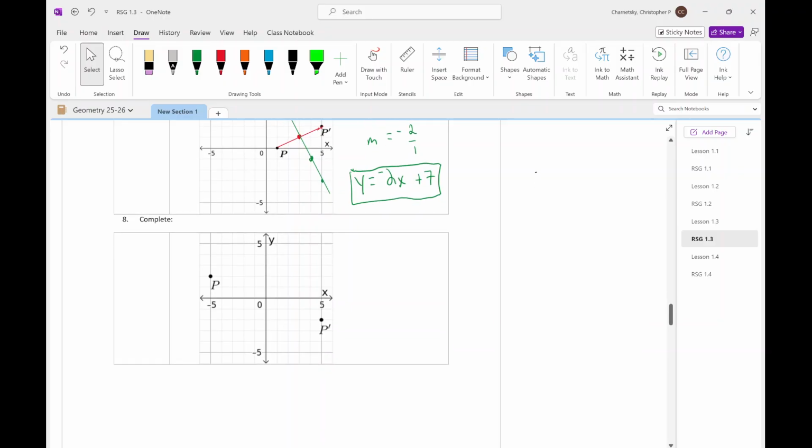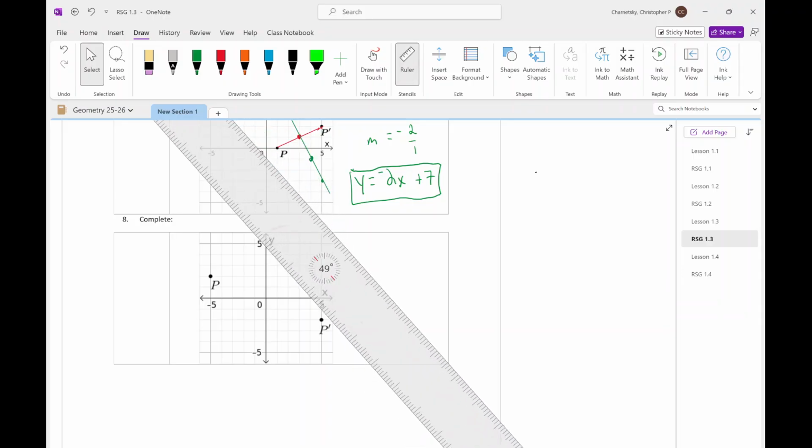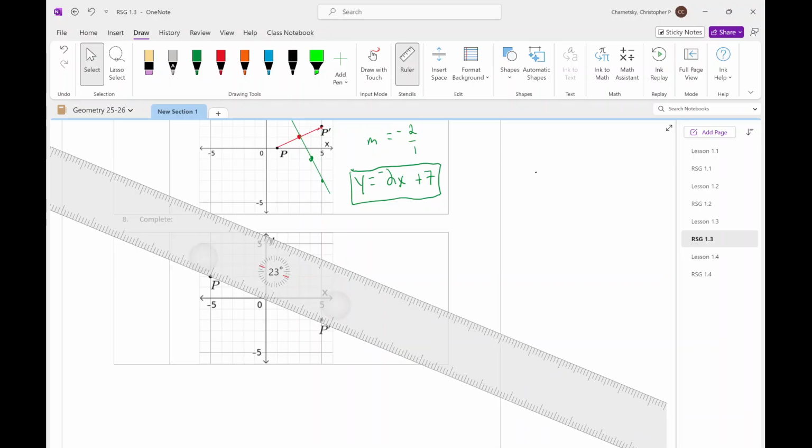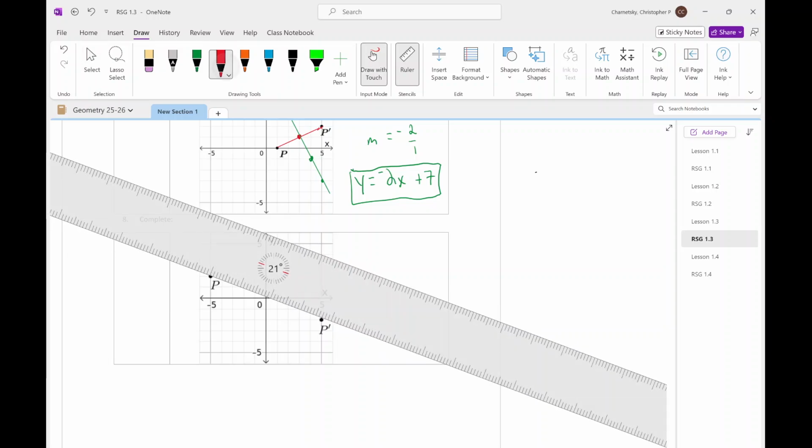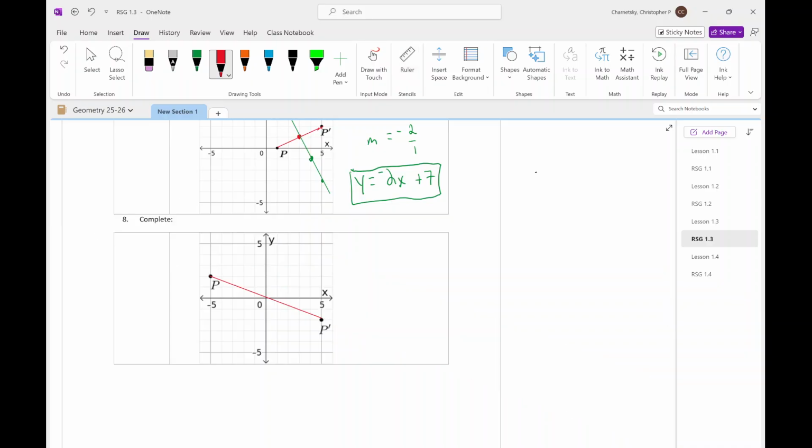Okay, and then for 8, same thing. Let's draw our corresponding points line and figure out where our midpoint is going to be. So it's going to be right here at the origin.